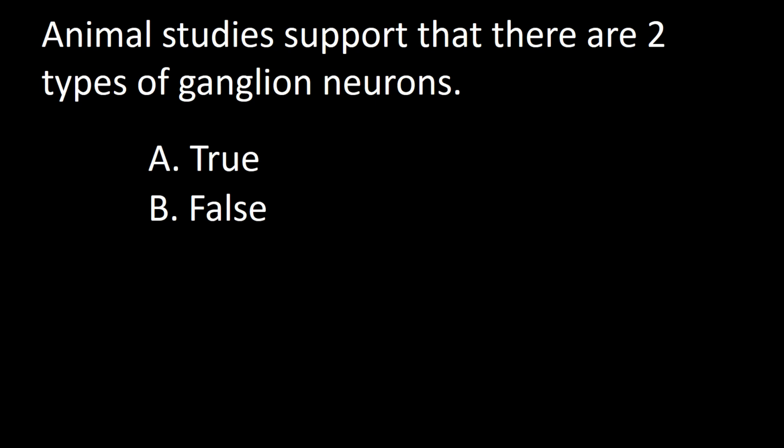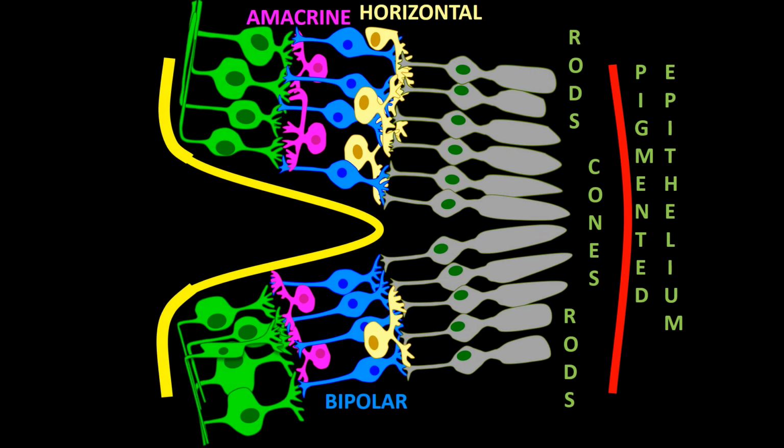A true, B false. This is a cartoon representing the fovea and parafovea. The fovea is where the cones are, the parafovea where the rods are. The neat separation I have represented here between the locations of cones and rods is, as you know, not as cut and dry as I have represented in this frame.